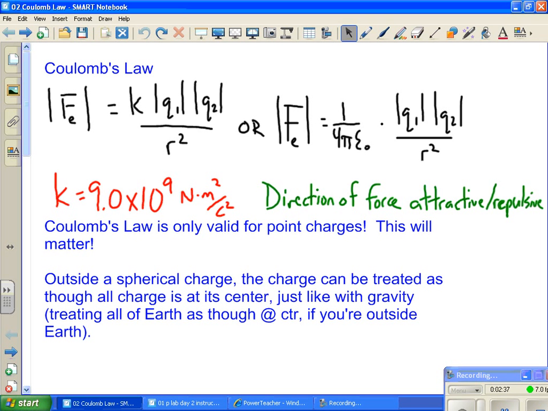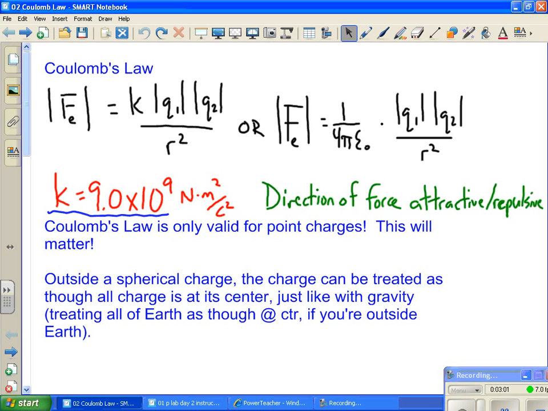Now, the gravitational constant, big G, 6.67 times 10 to the negative 11, that's a really tiny number. That was MKS units, by the way. Likewise, for MKS units, we've got an electric constant, which is 9 times 10 to the 9. That is rounded slightly.